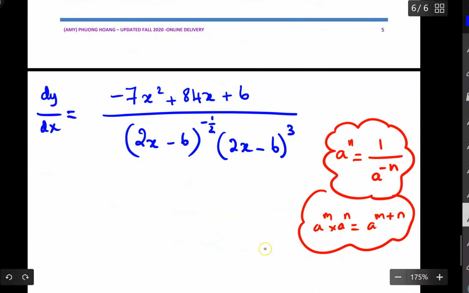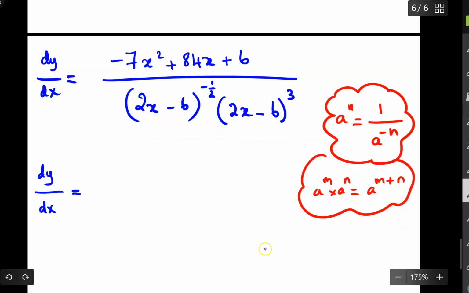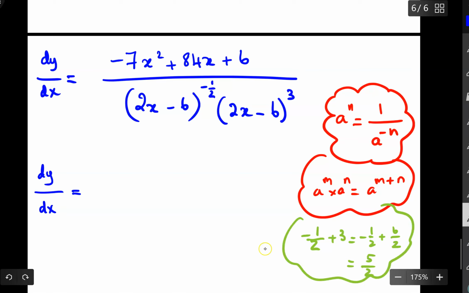Okay, so for the denominators, I will take negative half plus 3, so negative half plus 6 over 2, so I should have 5 over 2. Okay, so now you see you are having a positive exponent at the same time.